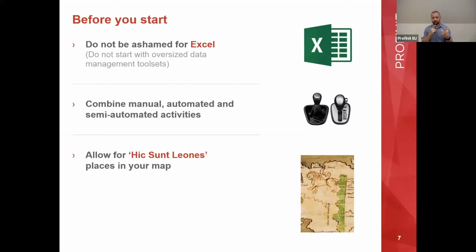Second, combine manual, automated and semi-automated activities. Of course, you can do a lot of automatic activities like scanning. There is again an analogy with cartography. You can scan the data from satellites. You can scan the Earth's surface, and you can use it when you collect data for your maps.